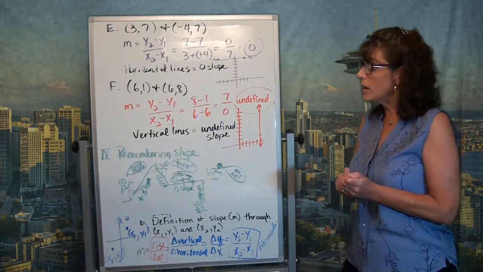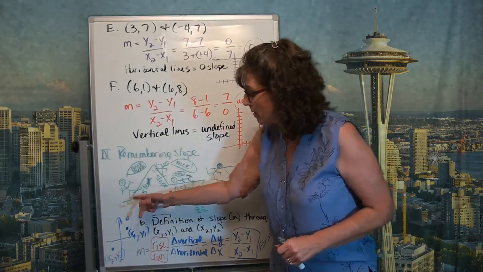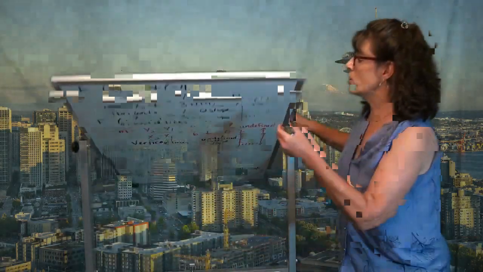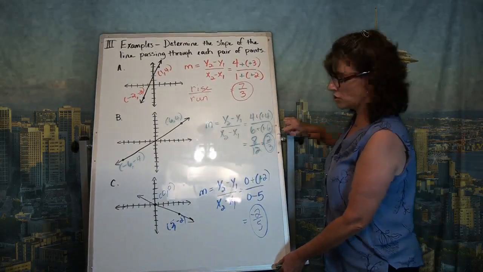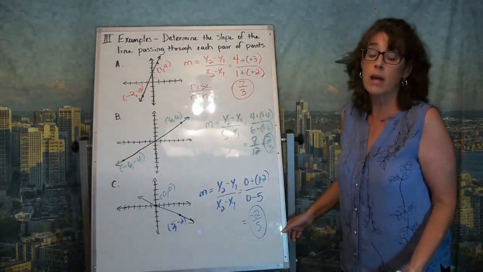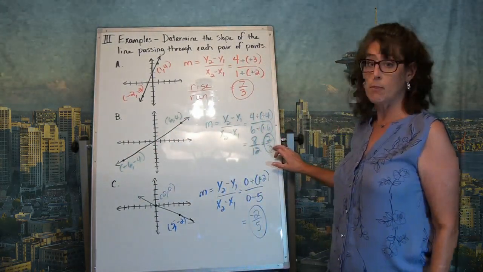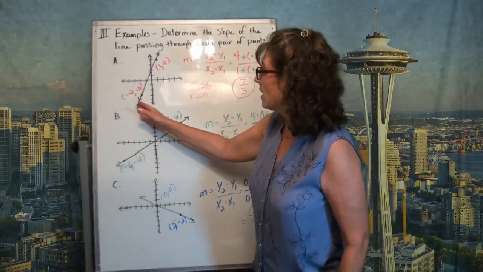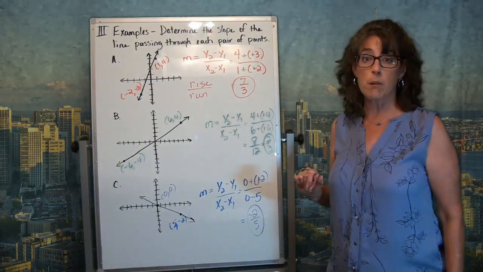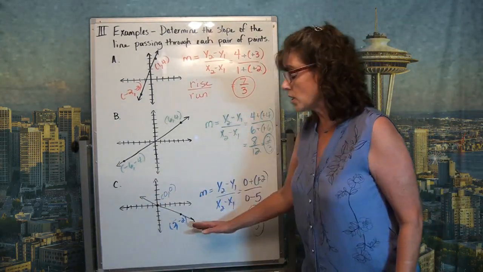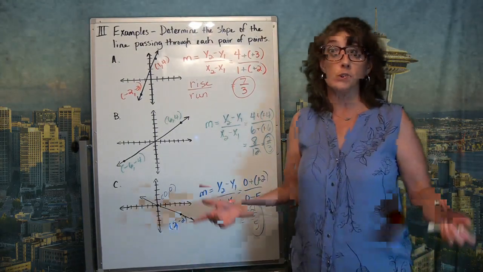So this is a great way for us to remember our slope in just an eyeball picture. Now, what I won't be able to do is, if it has a positive slope, I won't know, like we saw in the examples, if that means a 7/3 or a 2/3 or a 1/5. I won't know that, but what I do know is if it goes this way, I better make sure in the end I have a positive slope. Same thing here. If it goes like this, I better make sure I have a positive slope. And just like with those, when it tilts in this direction, I don't know if it's a -2/5 or a -5/4.